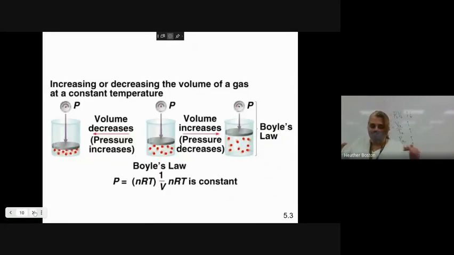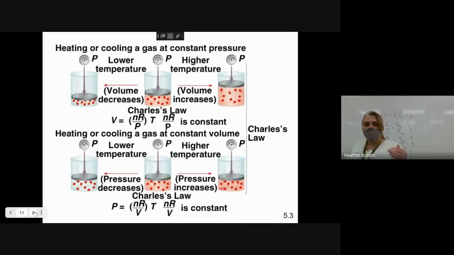So let's see a little bit of a picture of what it looks like. If you increase the pressure, you are making it so the molecules have less space to move around, and therefore the volume decreases. If you lower the temperature, you're lowering the speed. So the molecules are moving slower, therefore they take up less space and the volume will be smaller.